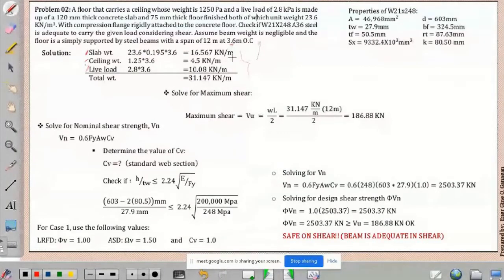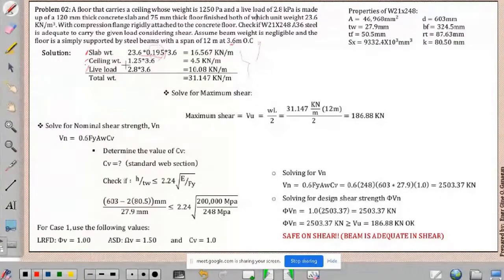So to get our total weight in kilonewton per meter, this is equal to the thickness times the unit weight of the concrete times the spacing, for the slab. Our thickness is given in mm, so this is converted to meters. We have a 120 mm thick concrete slab plus our floor finish of 75 mm, so 120 plus 75 is 195, which is equal to 0.195.